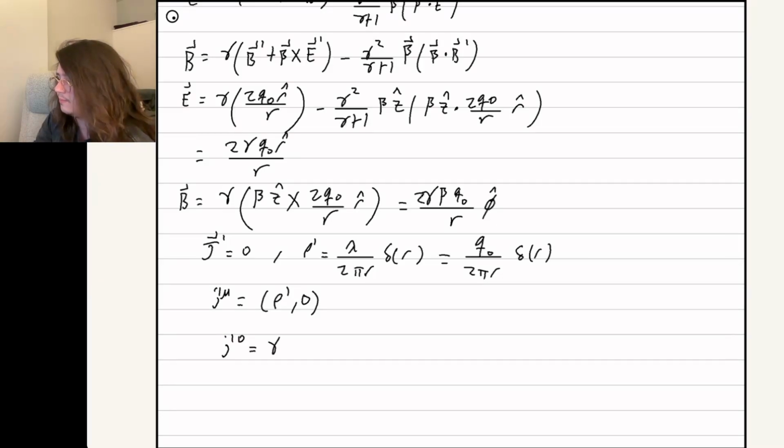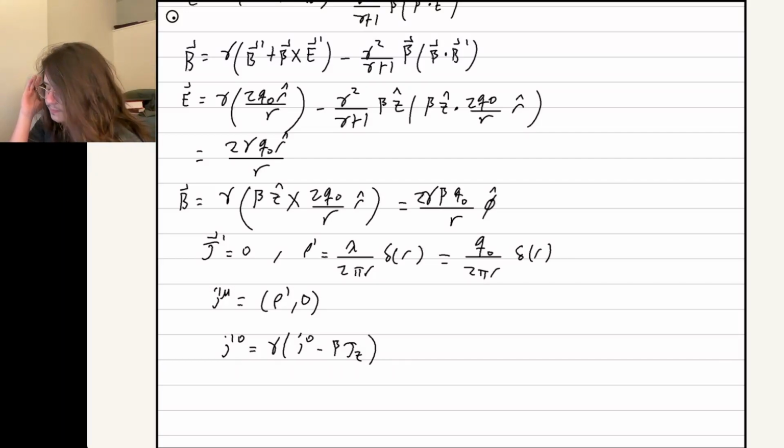The 0th component in the prime frame will be gamma times the 0th component in the lab frame minus beta times jz, and it's jz specifically because the rod is moving in the z direction with the speed v, so you only care about the z component of the 3 current density.